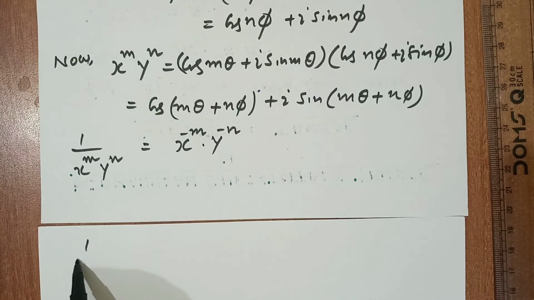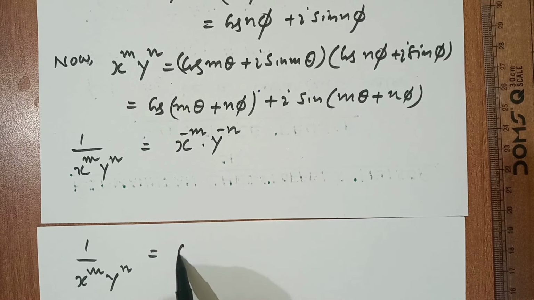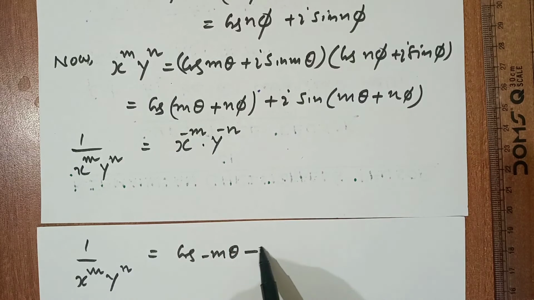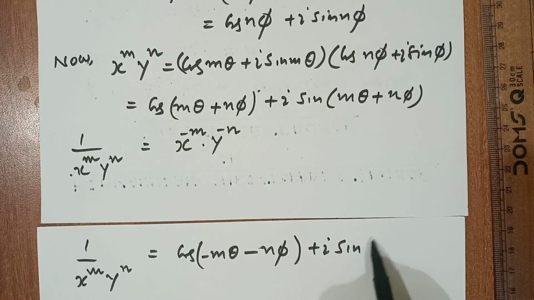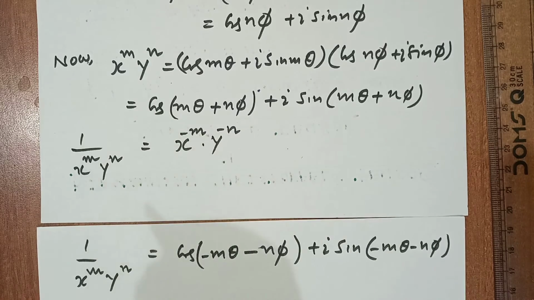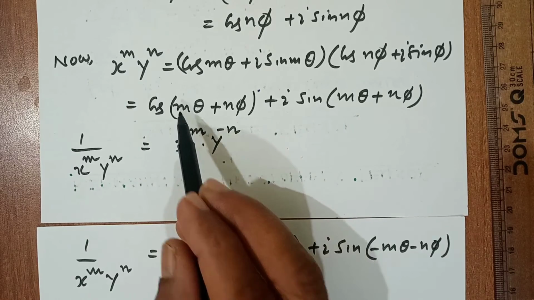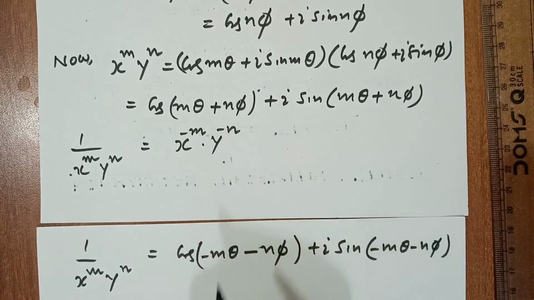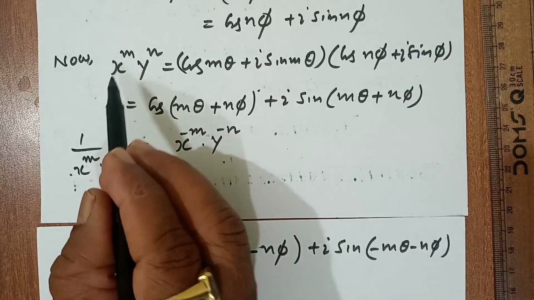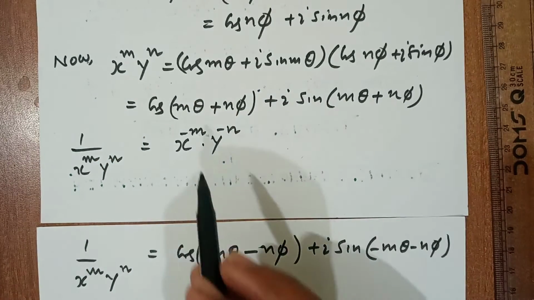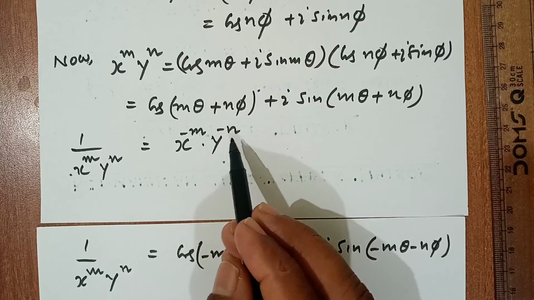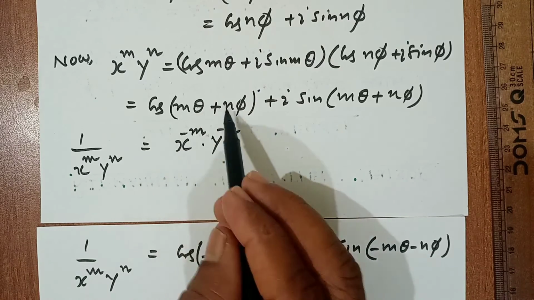So 1 upon x to the power m, y to the power n is equal to cos (minus m theta minus n phi) plus I sin (minus m theta minus n phi). This is very easy: only we put minus m in place of m, and minus n in place of n.